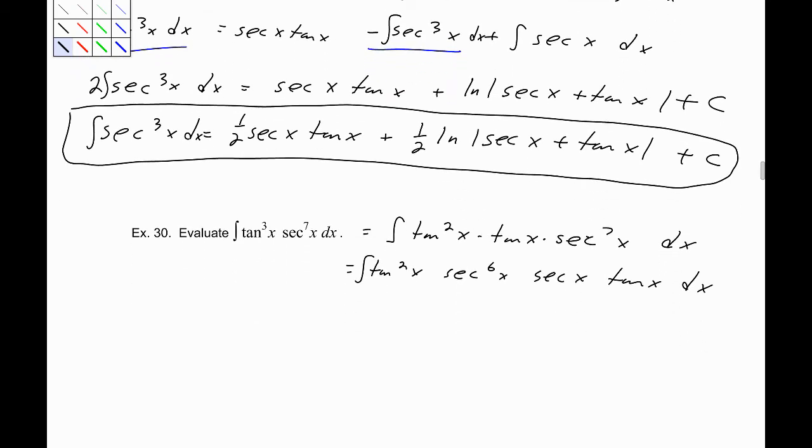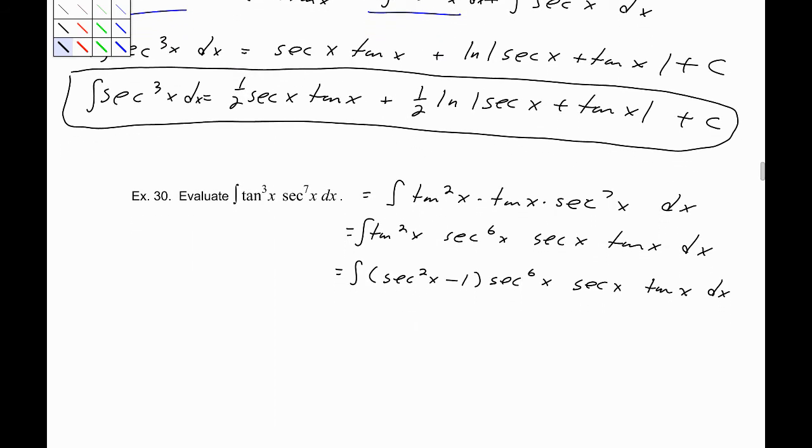Converting that tangent squared into, make sure I get it right this time, secant squared x minus 1, times secant to the 6th x, secant x tangent x dx.